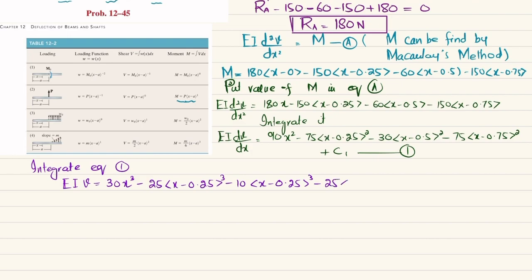So 25 into x minus 0.75 whole cube plus C1x plus C2. Let this be your equation number 2.